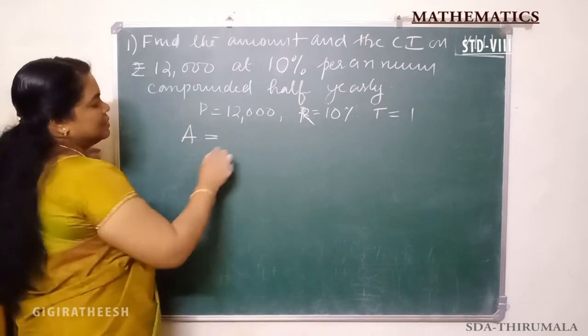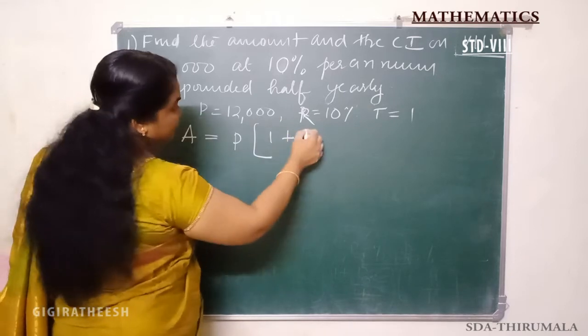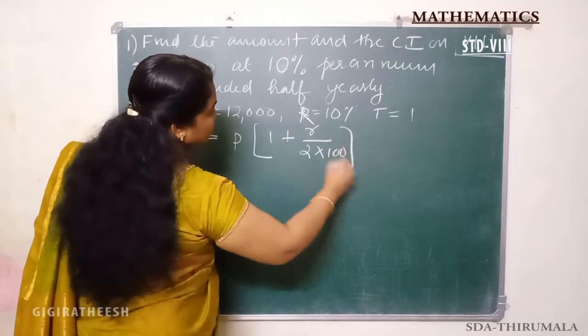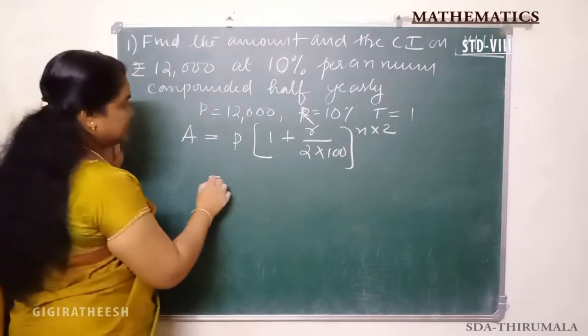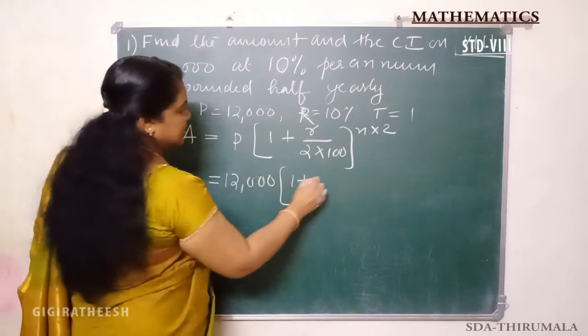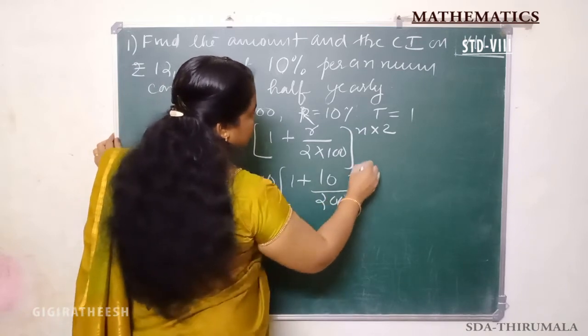A is equal to P into 1 plus R by 2 into 100, the whole raised to N into 2. P is 12,000 into 1 plus 10 by 200, raised to 1 into 2.